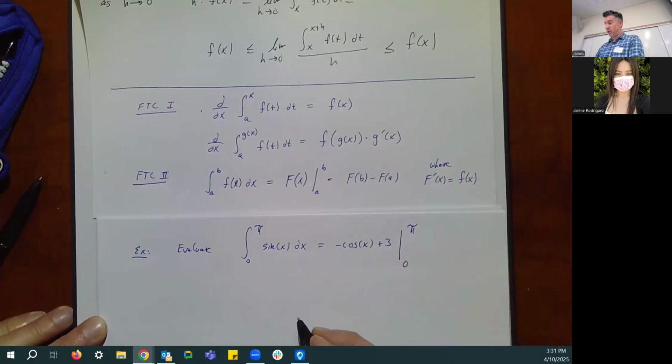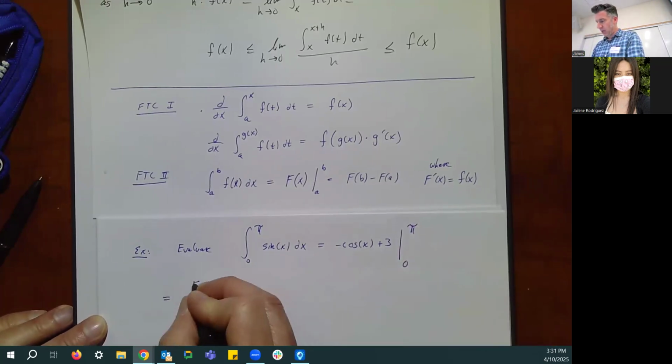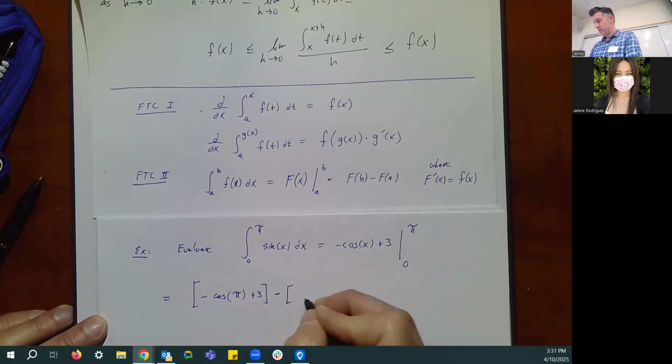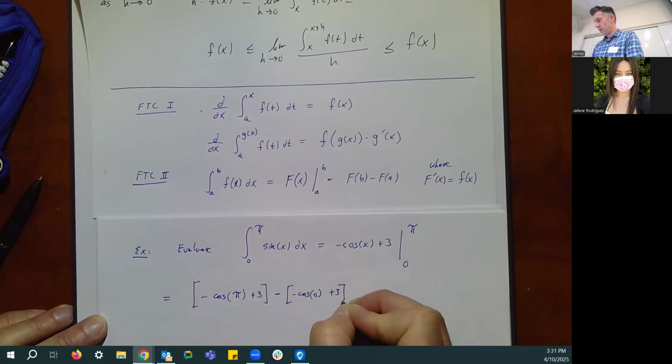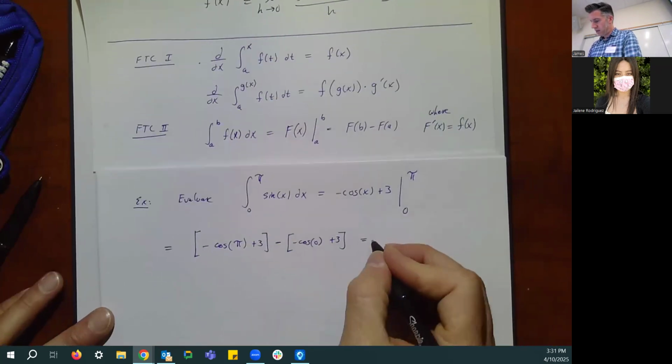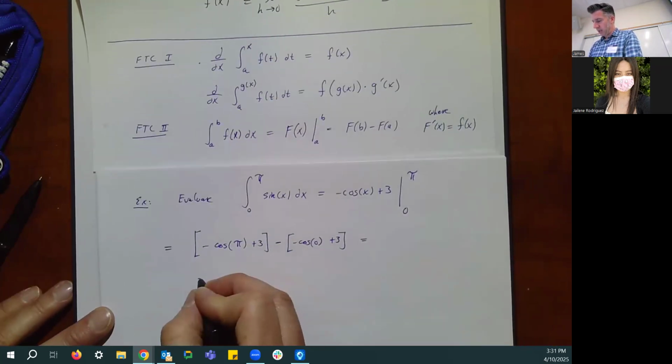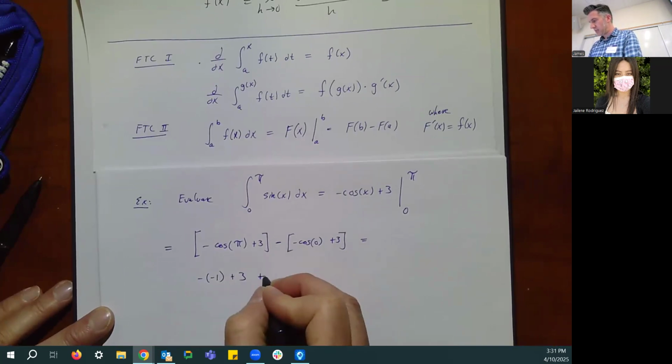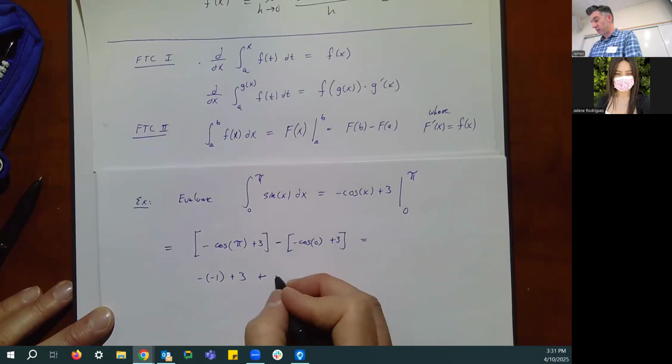So then we always plug in the top limit first, and we get negative cosine of pi plus 3 minus, then we plug in the bottom limit second, negative cosine of 0 plus 3. Let's see what we get here. Negative cosine of pi is negative 1, plus 3. Minus a minus is plus. Plus cosine of 0 is positive 1.